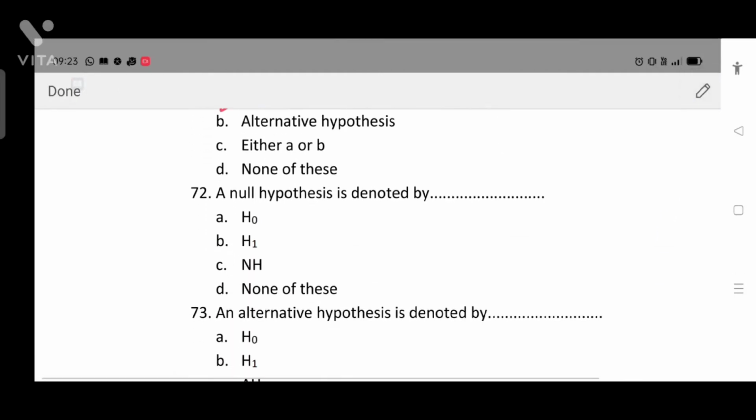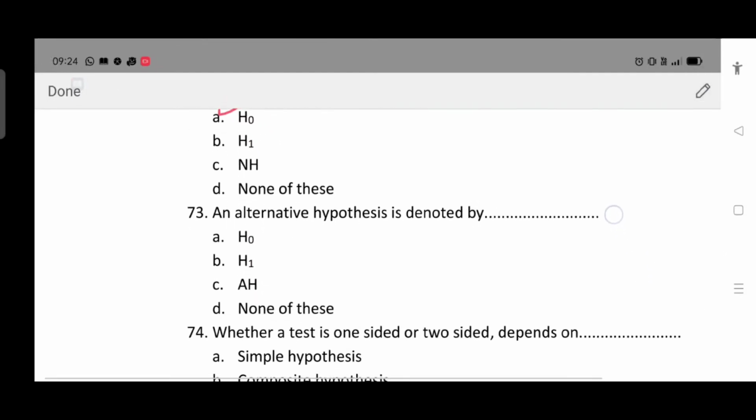A null hypothesis is denoted by. This is also a very important question. Question number 72. A, B, C, D. Answer H0. Question number 73.